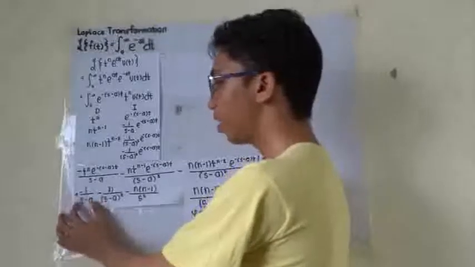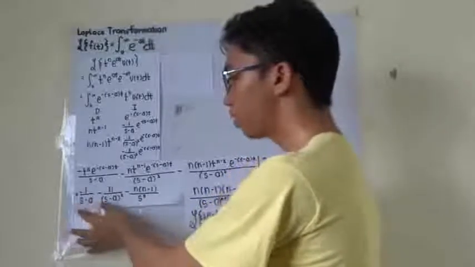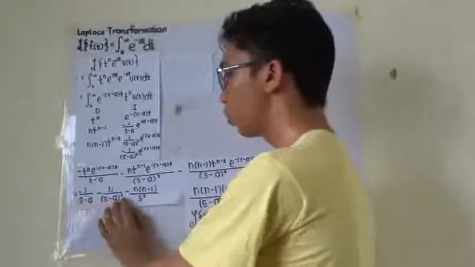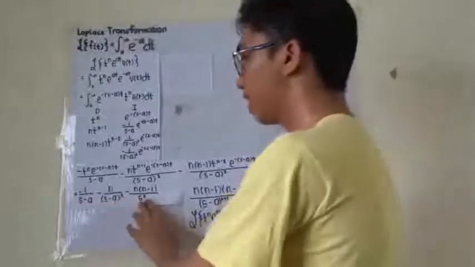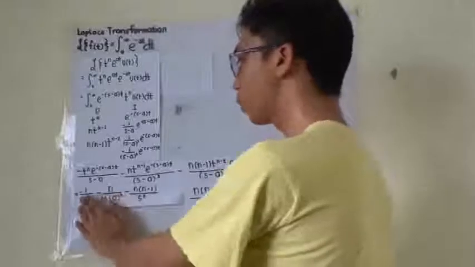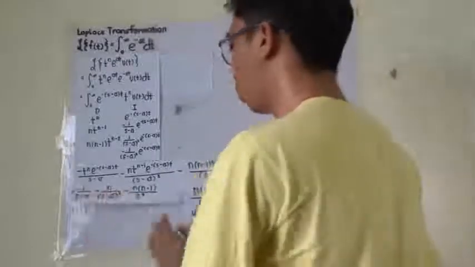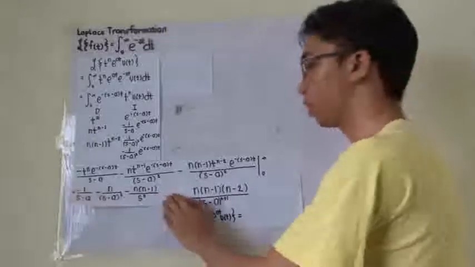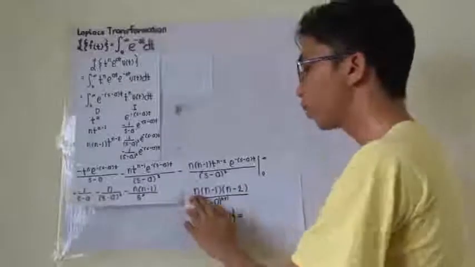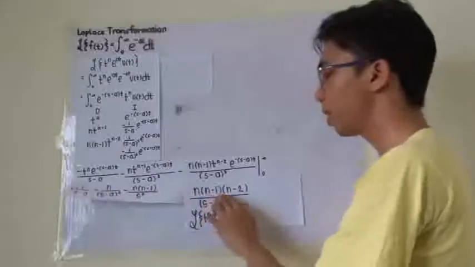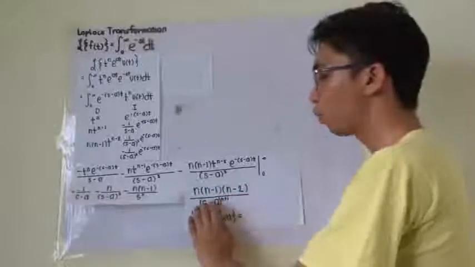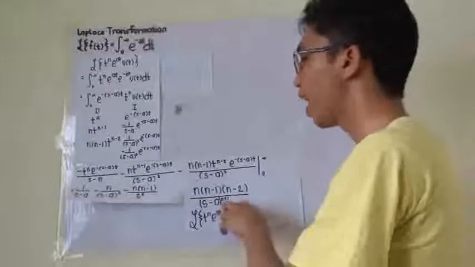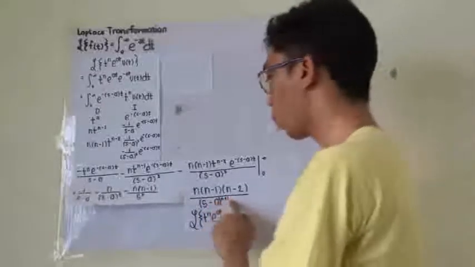As we can see, there is an increasing exponents of s minus a from 1 to squared and then cubed, as well as in our numerator. So we can have the generic formula or general formula as n quantity n minus 1 times n minus 2 over s minus a quantity raised to n plus 1.